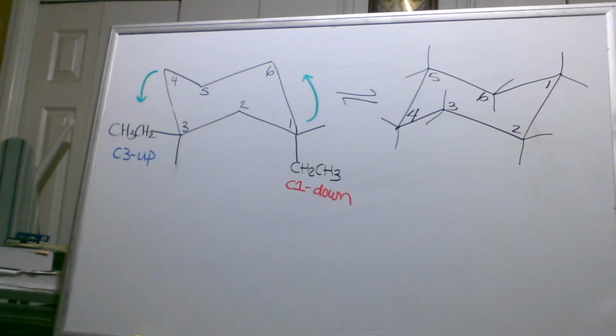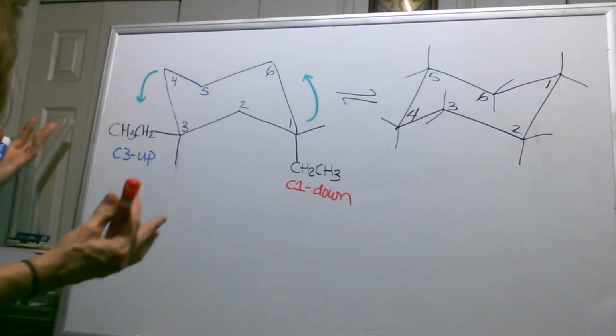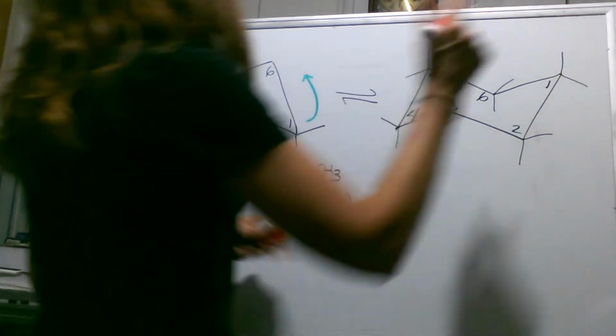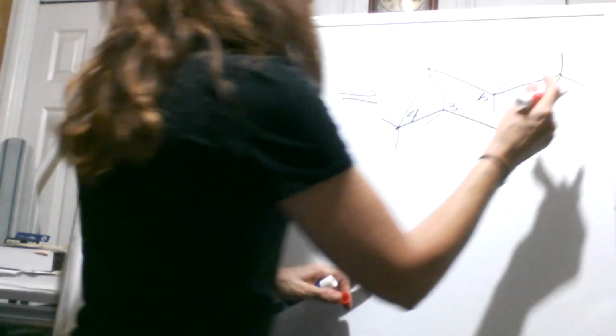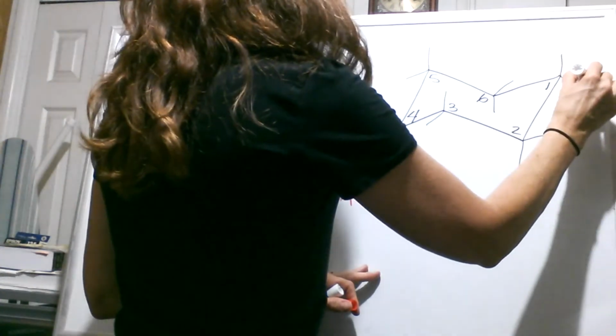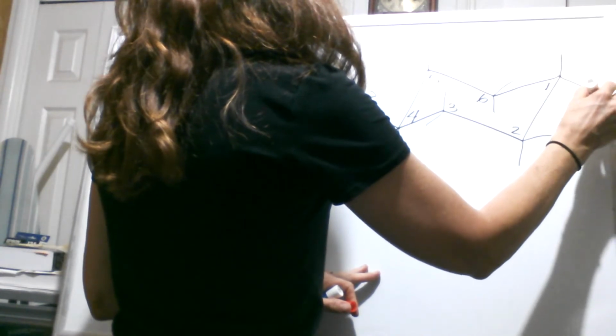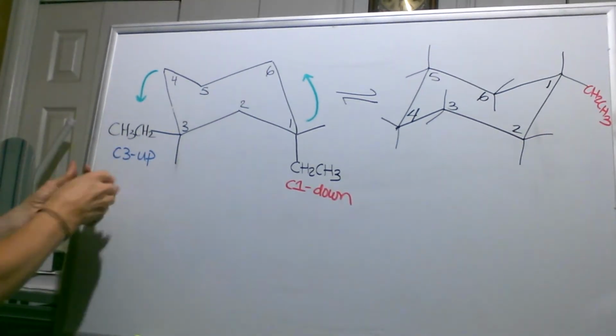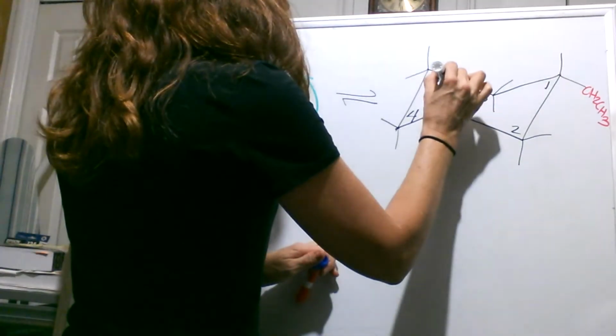And then the last thing that we need to do here is put the substituents on the proper carbon numbers, pointing in the right directions. So both substituents are ethyl groups. The ethyl on C1 is pointing down, so I find C1, and the ethyl goes on the bond that is pointing down, and the ethyl on C3 is pointing up.